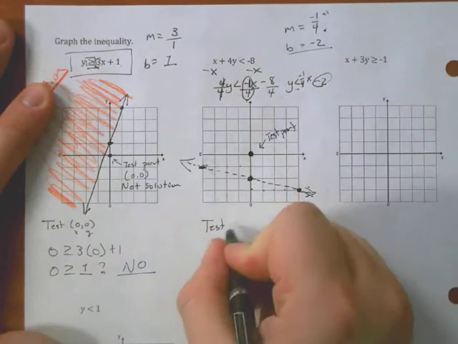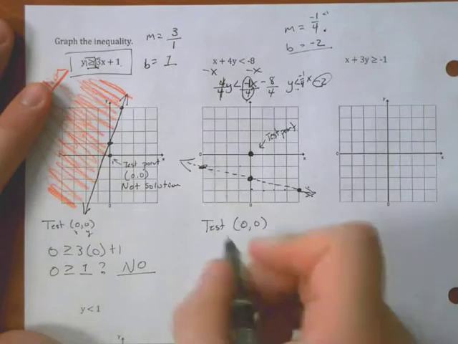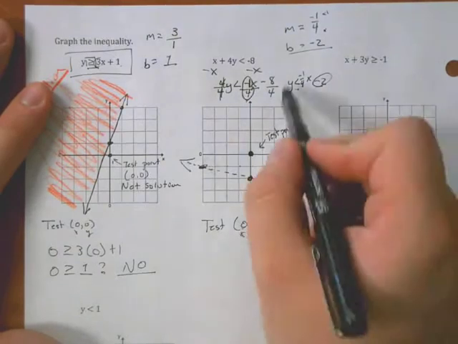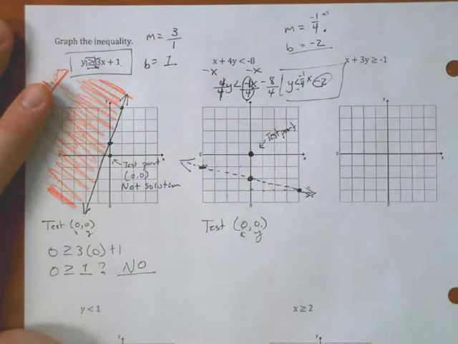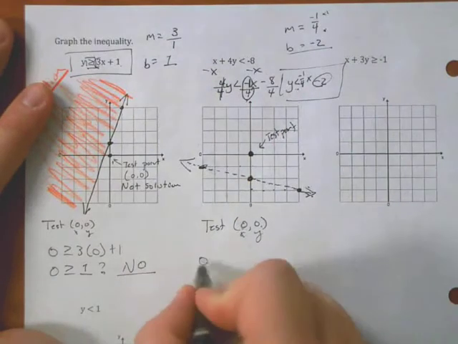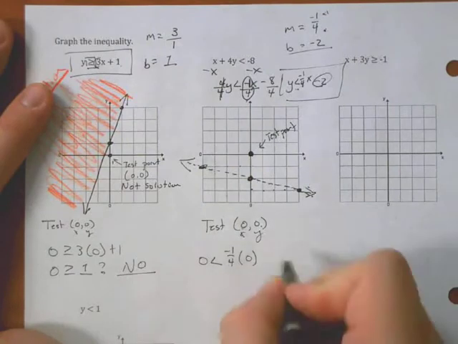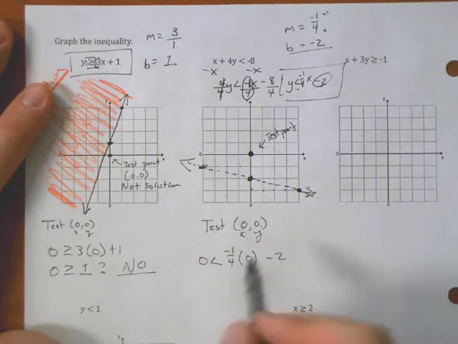So let's test 0, 0. I'll plug 0, 0 into the equation I just wrote. And I'll get 0 is less than negative 1/4 times 0 minus 2.